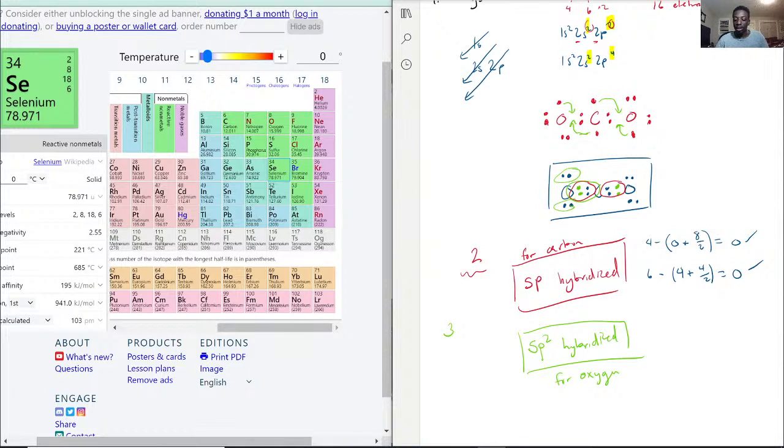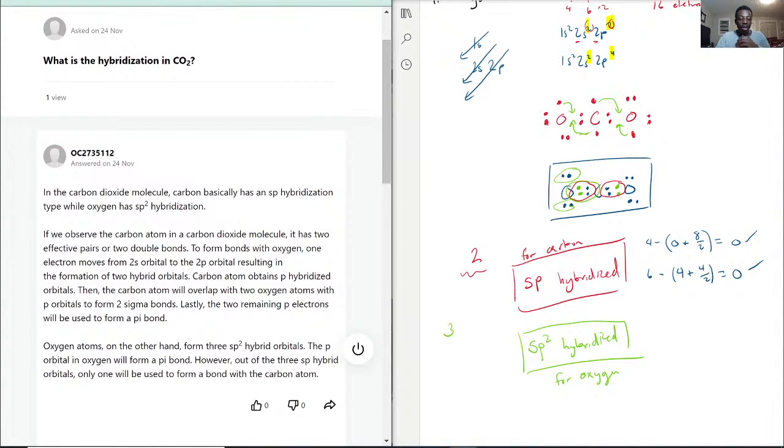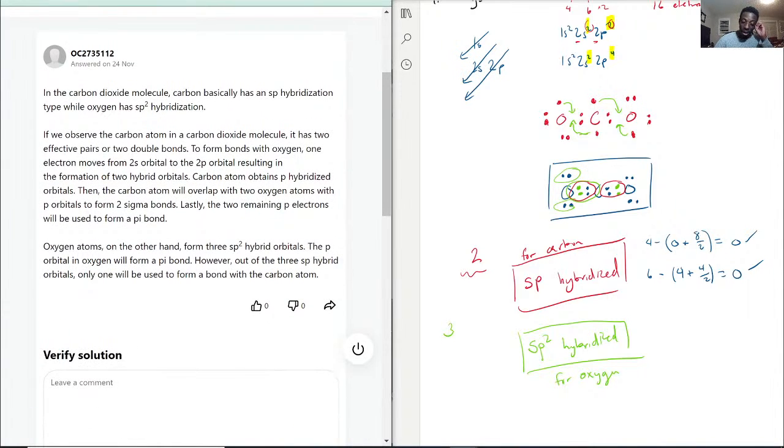Let's see how we did. In the carbon dioxide molecule, carbon has an sp hybridization, perfect, and oxygen has sp2. Awesome. And exactly, they have 2 double bonds, which is why it has the hybridization level of 2, and that is why we can say that it's sp. And oxygen has 3 because it has 2 lone pairs, which count, and then it has 1 double bond.